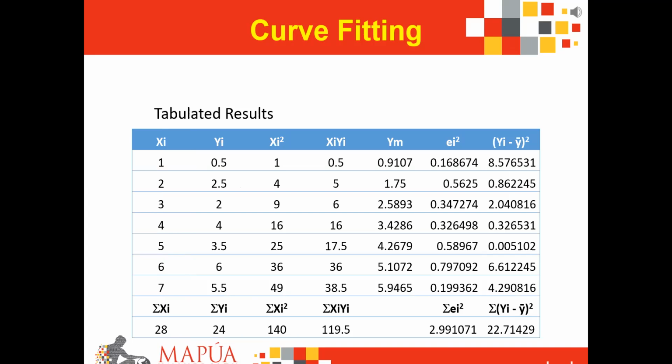After which, we then evaluate and establish the standard deviation by subtracting from your given yi the average value of y, and then squaring its values. You'd end up with this individual standard deviation of y on each of your given data points. And then if you sum it up, you'd end up with a summation equal to 22.7143.